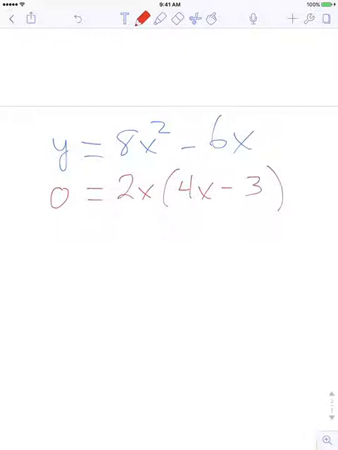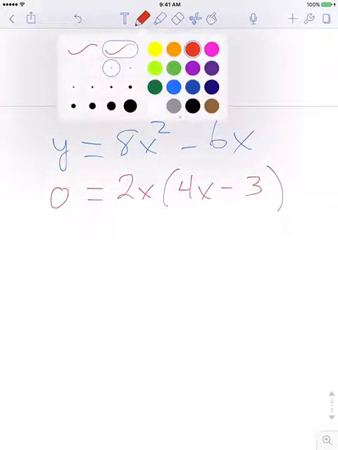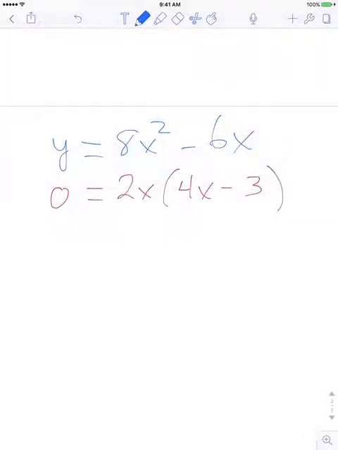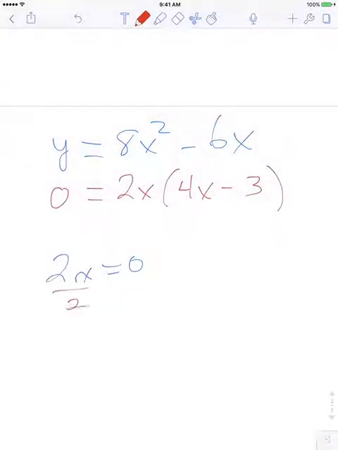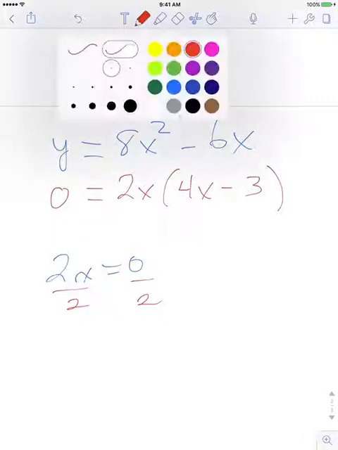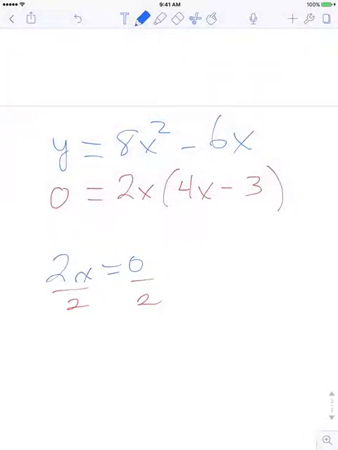Okay, now since that is simplified, again, we are going to treat each term separately in order to find our x-intercepts. So the first term is just 2x. So therefore, 2x is equal to 0. Well, if we divide both sides by 2, we find that x is equal to 0. Okay, so that's 1.